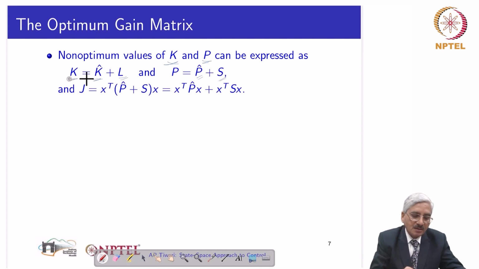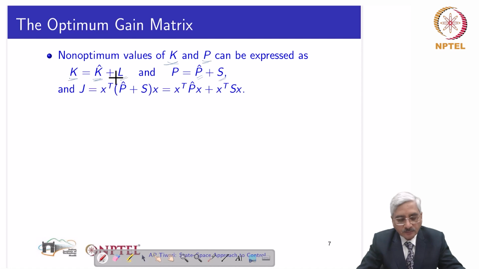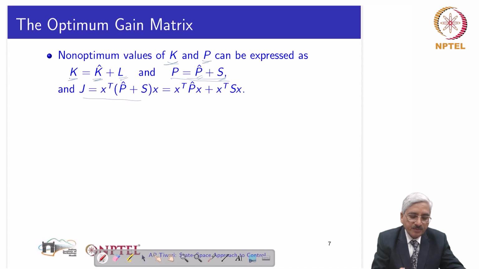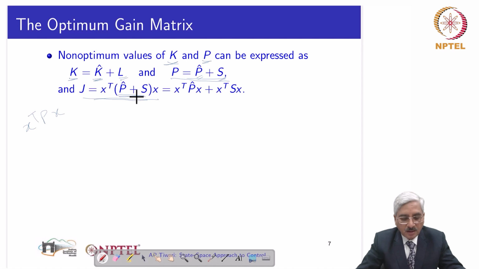So K is K hat plus L and P is P hat plus S. Then that J, which was x transpose Px, becomes x transpose (P hat plus S) x, because P is P hat plus S, and it can be opened as x transpose P hat x plus x transpose Sx.